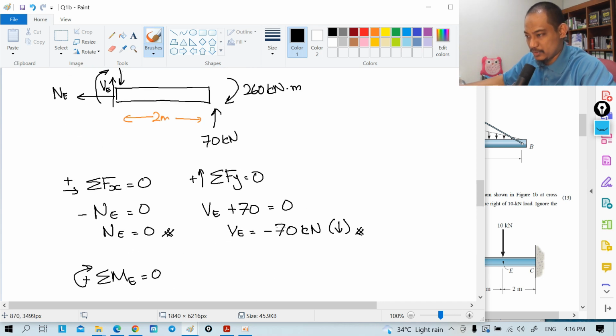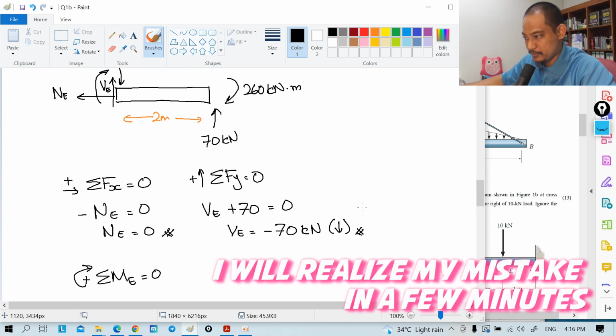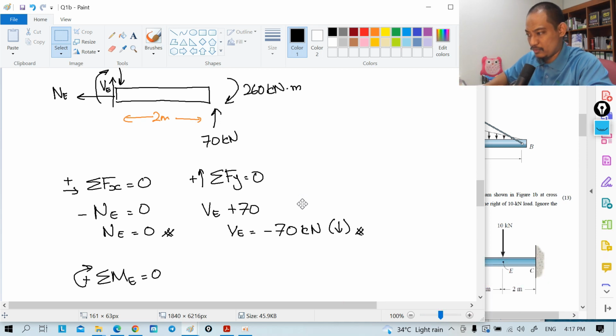Now, this one, because we do not include this 10 kilonewton, right? Okay, so if that's the case, we have 3 minutes left, so I think I have to extend this time, meaning taking the time from other questions. So okay, VE upwards, but then you have the 10, right?